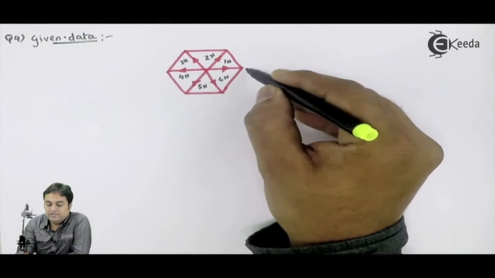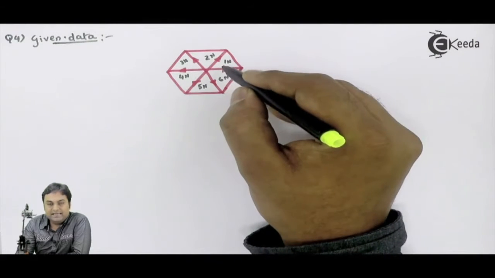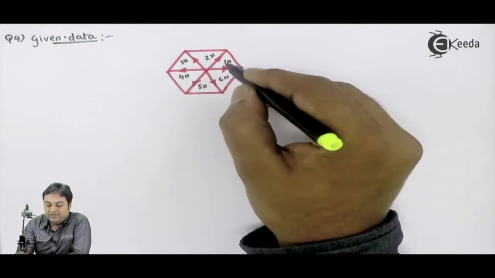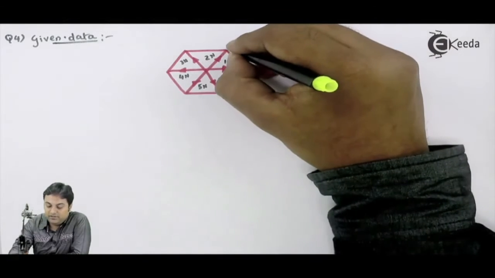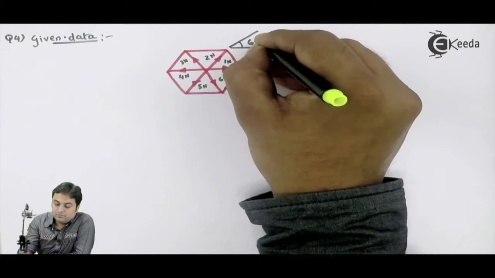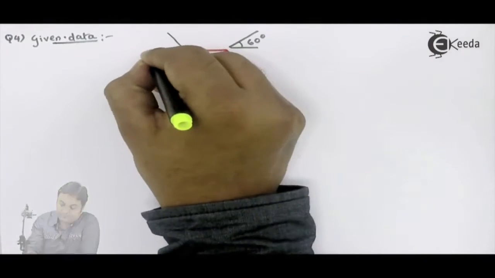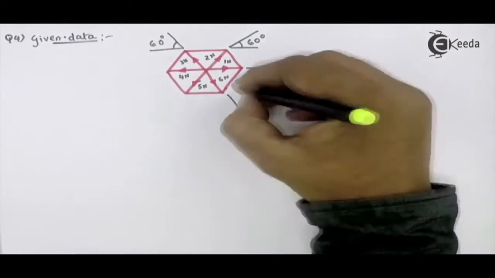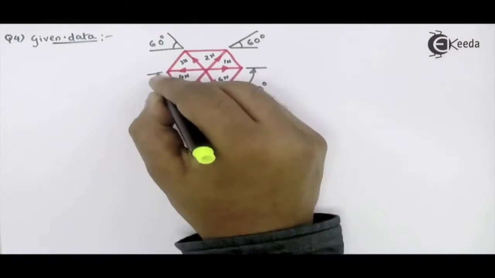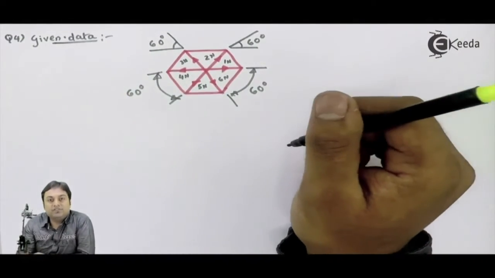Since this straight line is 180 degrees and here we have 3 angles, 180 divided by 3 means each angle is 60 degrees.